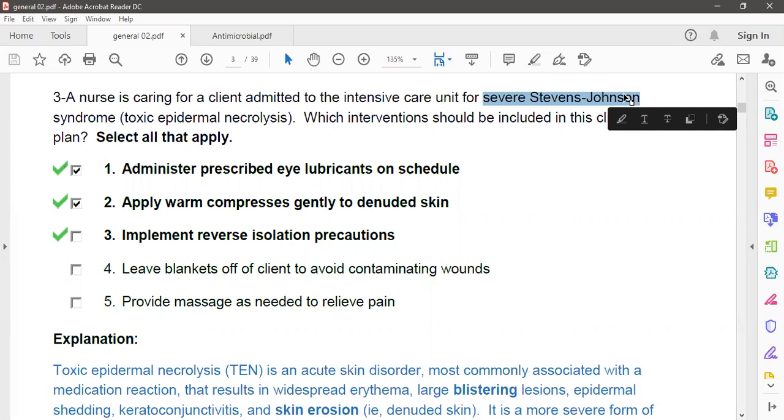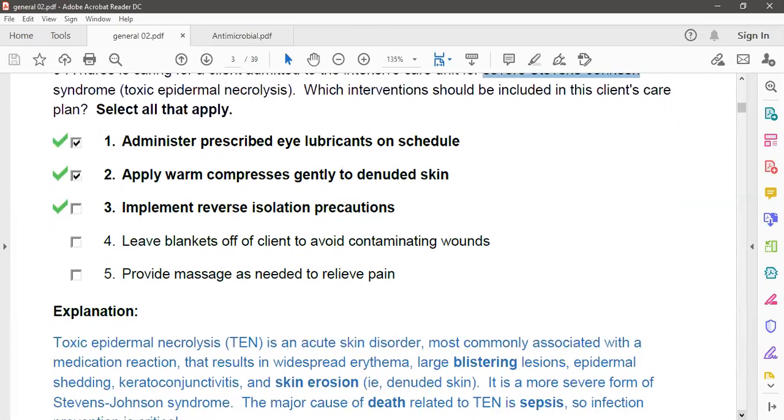When you deal with the patient, how do you deal with them? First of all, administer the prescribed eye lubricant on schedule, right? And also apply warm compresses gently to the denuded skin. In Stevens-Johnson or toxic epidermal necrolysis, the skin or mucous membrane is torn up.